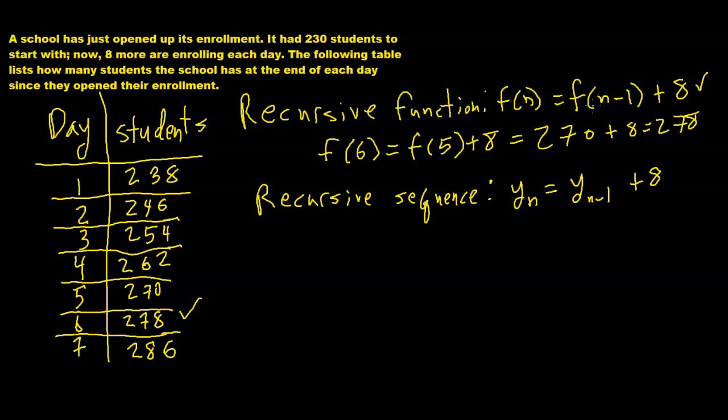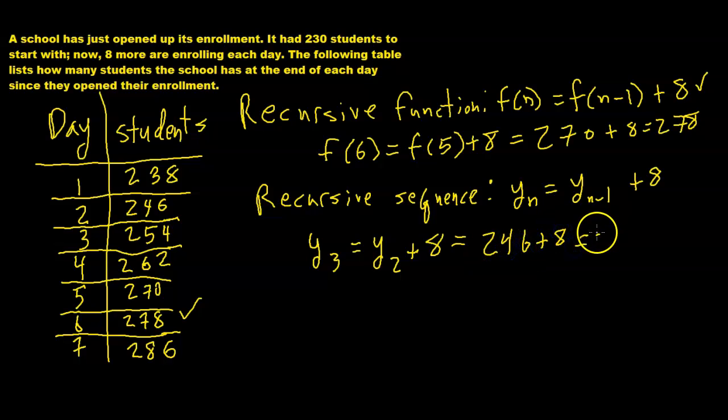So y n equals y n minus 1 plus 8, like if we wanted to find y3, what would we have to do? We'd have to take y2, the previous term, add the common difference, right? What is y2? We know it's 246. 246 plus 8 is going to be 254, right? And we got exactly what we know the third term in the sequence to be, okay?